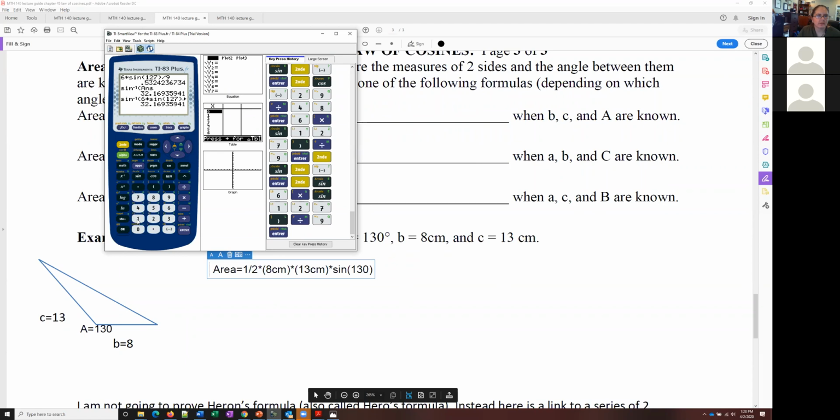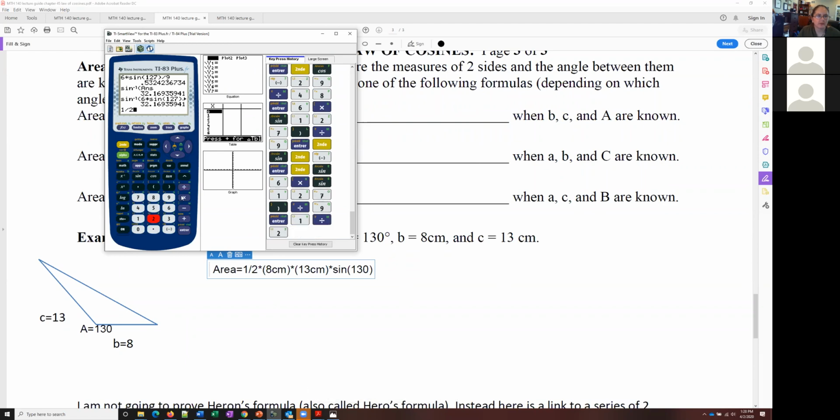So 1/2 times 8 times 13 times the sine of 130.